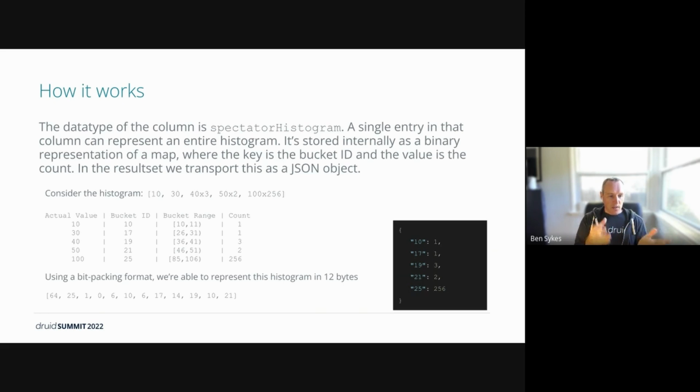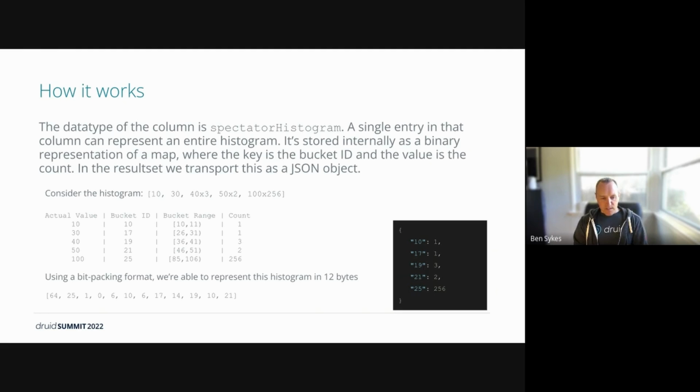Value 30 actually falls into bucket 17 because we started to get a bit of range on these buckets now. And by the time we get up to value 100, that's bucket 25. You can see that the range for that bucket is 85 up to 106. So any value between 85 and 106, we're going to treat the same. It's that whole bucket.